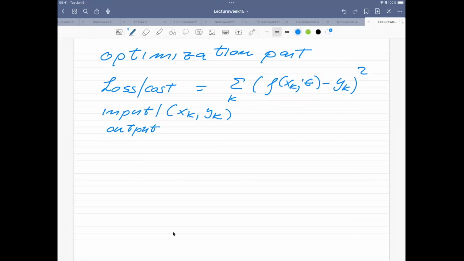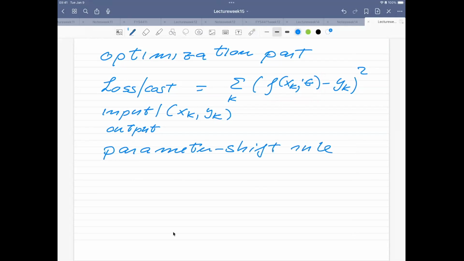So when we look at the optimization part, what we will use again is the parameter shift rule for the gradients. So let me quickly remind you of these things here.